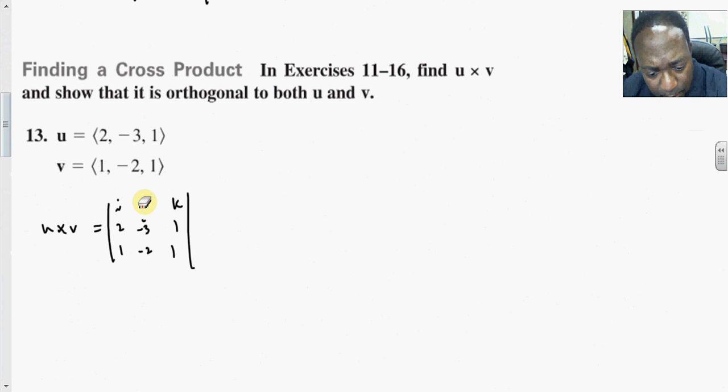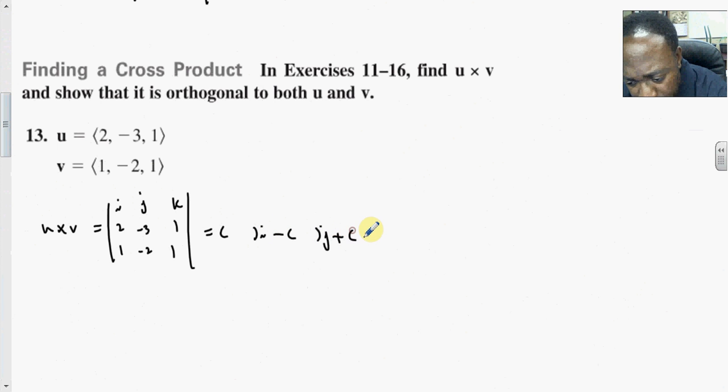So I minus parentheses J plus parentheses K.